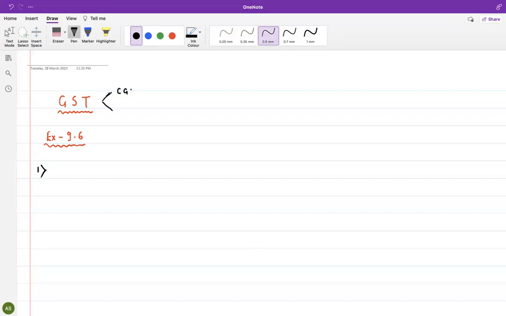One is called CGST and the other is called SGST. Whatever the percentage of GST, half of that will go to the central government, that is central GST, and half will go to the state government, that is state GST.